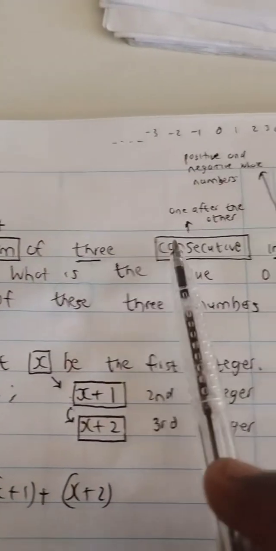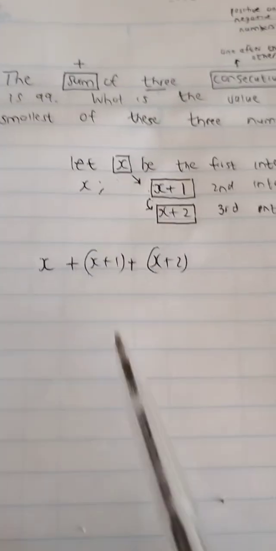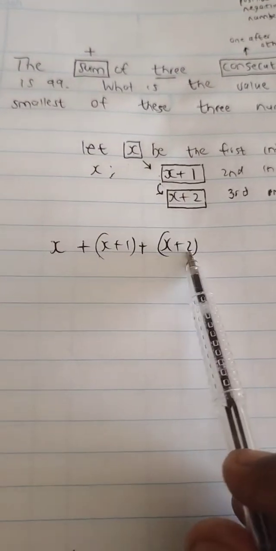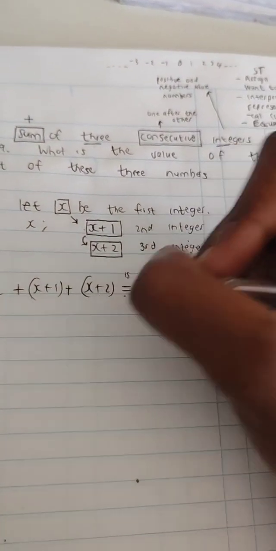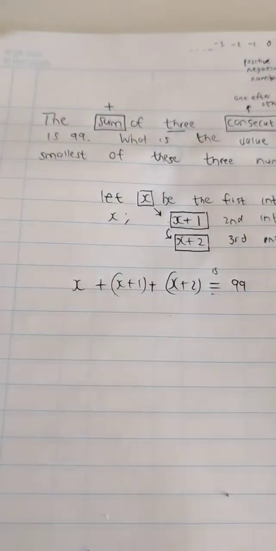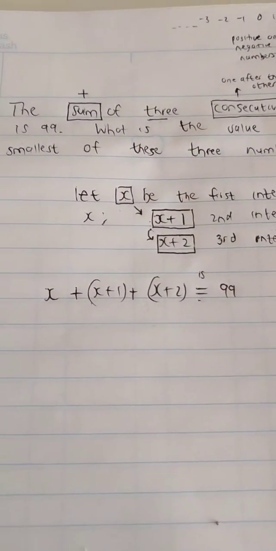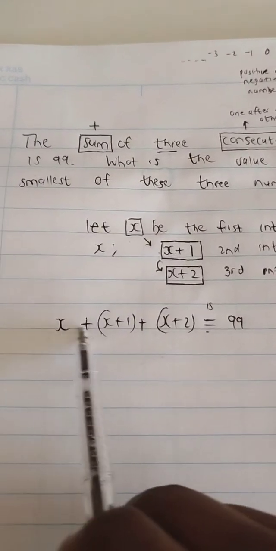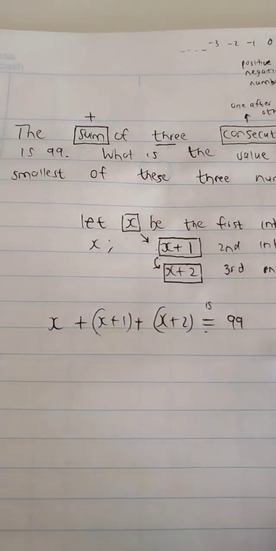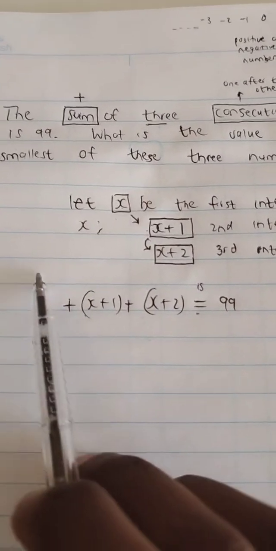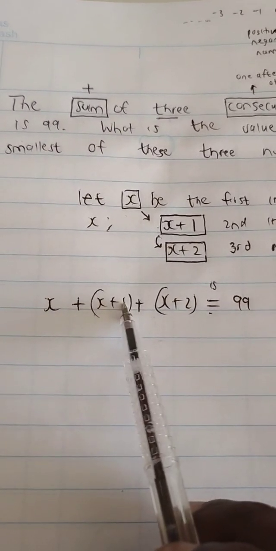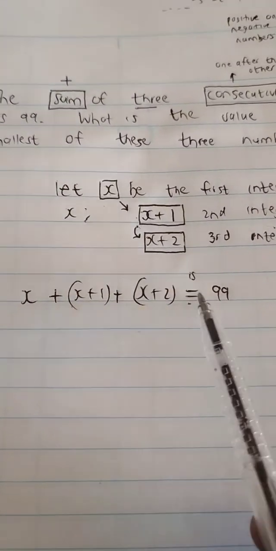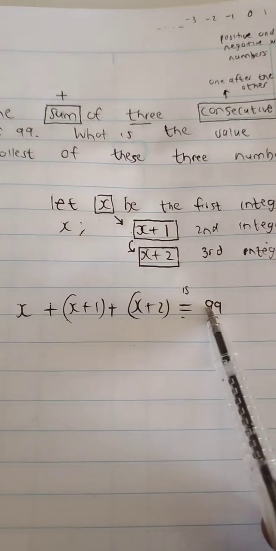The sum of 3 consecutive integers is 99. So the sum of these 3 consecutive integers means equal to 99. We have just set up our equation. There it is: x plus x plus 1 plus x plus 2 equal to 99.